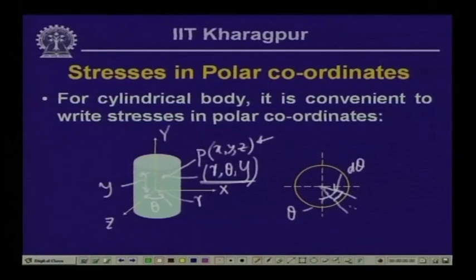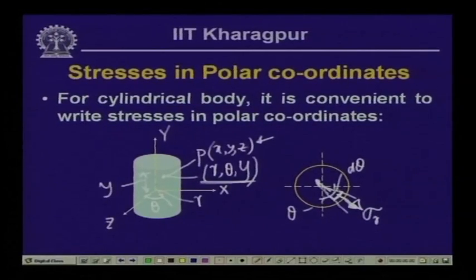and if we try to look into the stresses that will act, we will have two planes. This particular plane, normal to this plane, is in the direction of the radius, and we call this the r plane. Over these we will have the normal stress, and so is this, which we call sigma r.